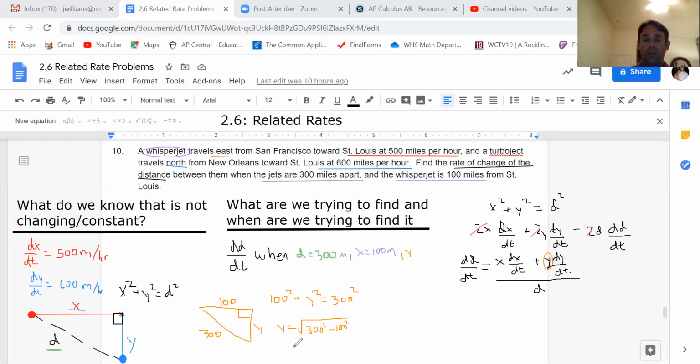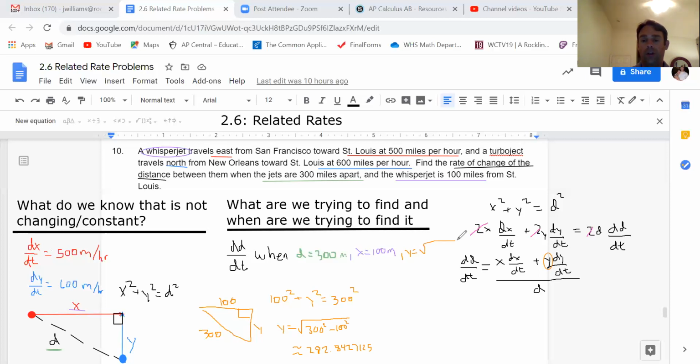By the way, if you do want to know what that number is, that would be about 282.8427125. The reason why I'm putting all those numbers there is if we're actually solving this problem, we don't round until our final answer.